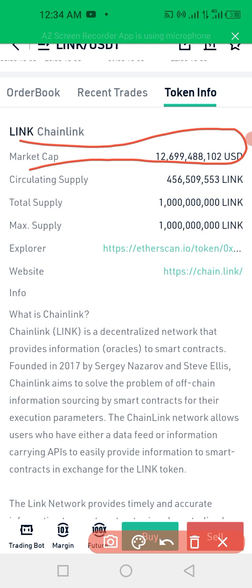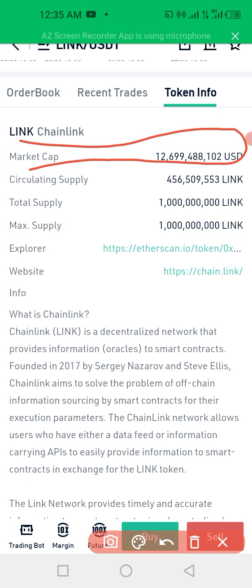Now, the market capitalization simply means the amount of money that has been invested in the coin so far all over the world. Currently the total fund that has been invested in Chainlink is $12.6 billion.